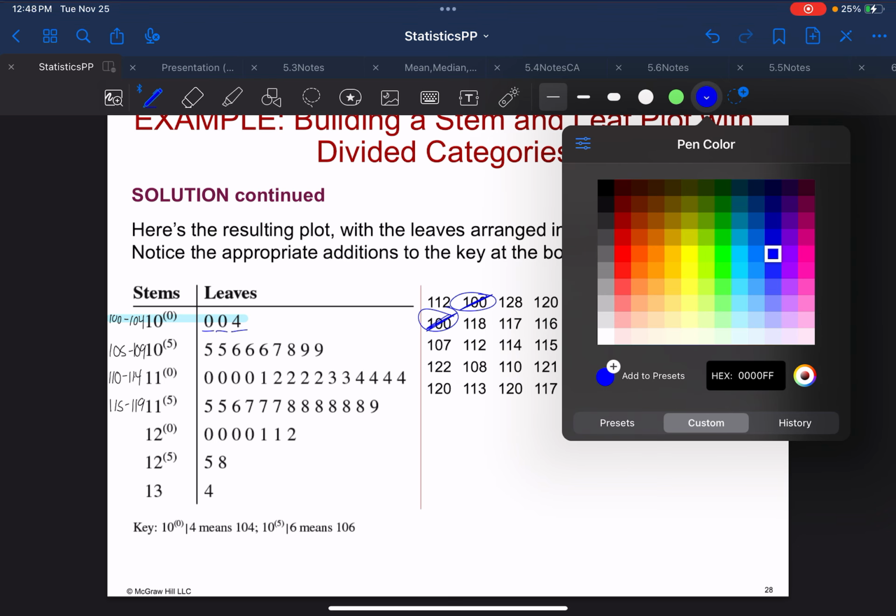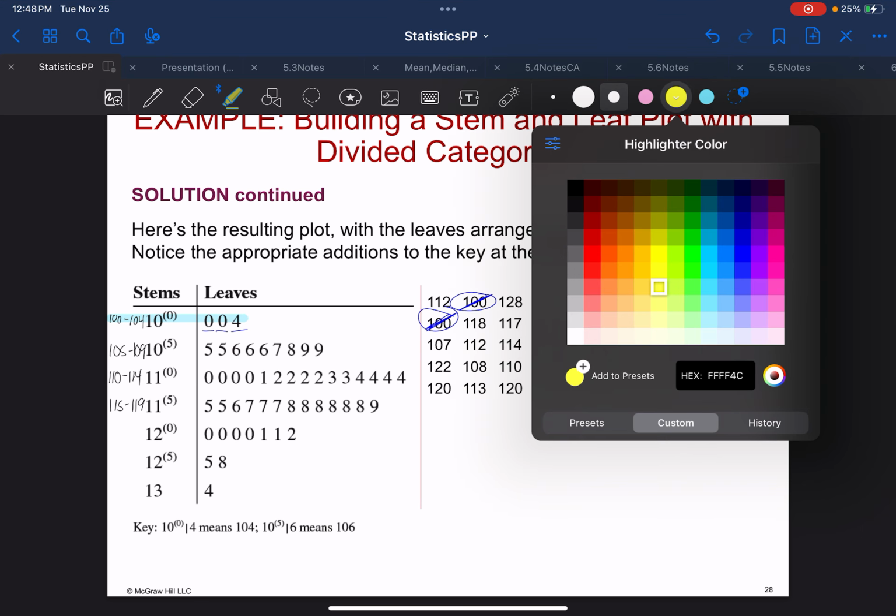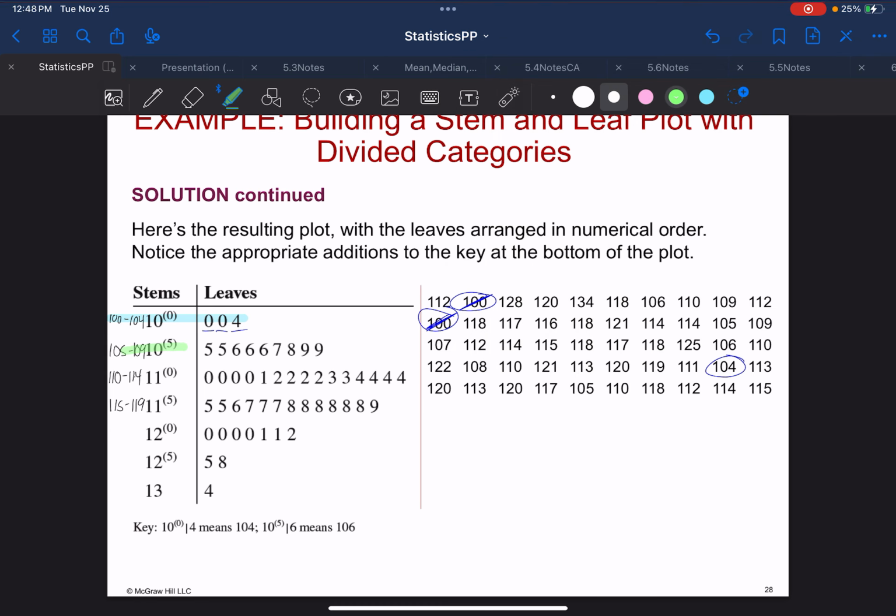And then the next class is for the numbers of 105 to 109. And so I would be looking for the digits between 105 and 109.